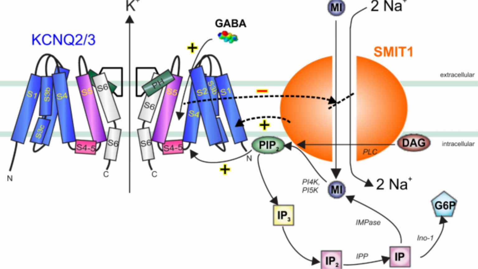KCNQ, which is the hyperpolarizing current, like I mentioned before, and HCN, which is the depolarizing cation current, together form a brake and accelerator system that can, for example, stabilize firing patterns.